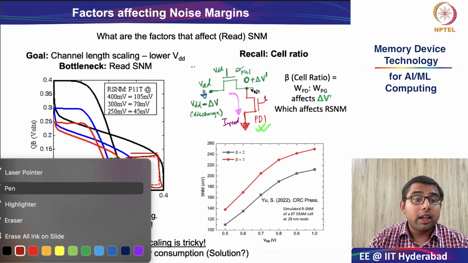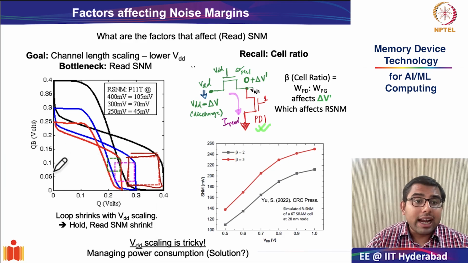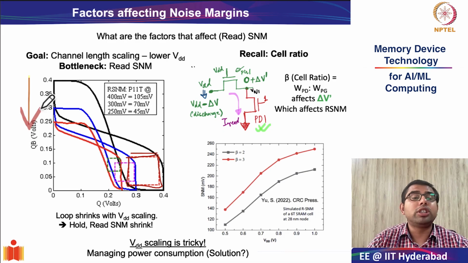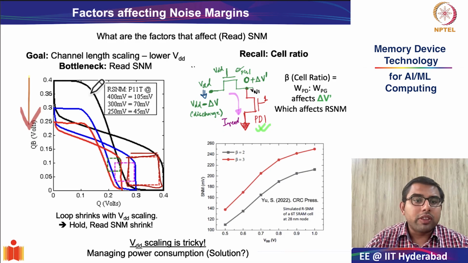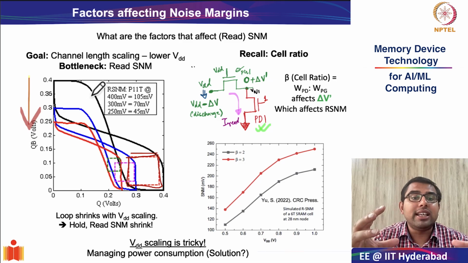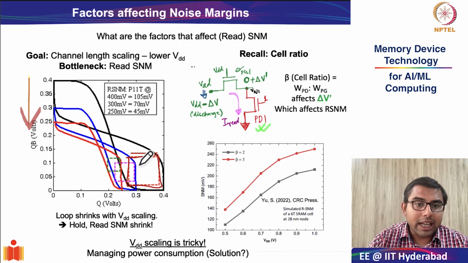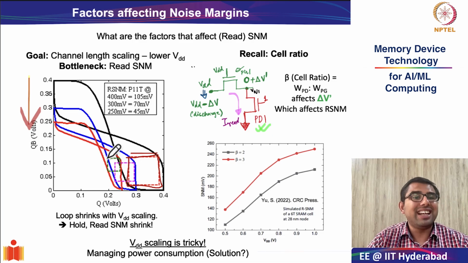The second thing that we primarily looked at was that as we were scaling the supply voltage of the transistor, or the supply voltage of the SRAM cell, the size of the hysteretic loops, or the butterfly VTC loops, were shrinking, as you can see from the red to the magenta to the green color, and as a result the noise margins were also coming down.